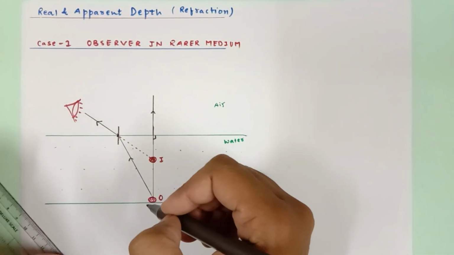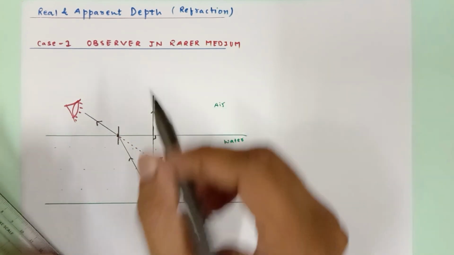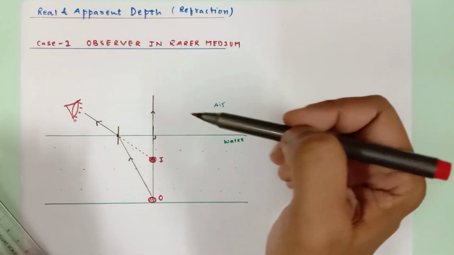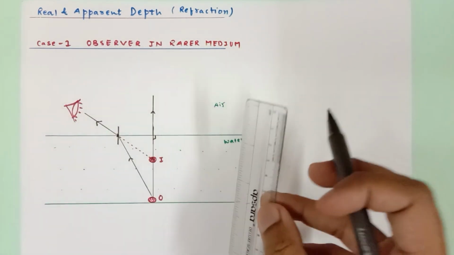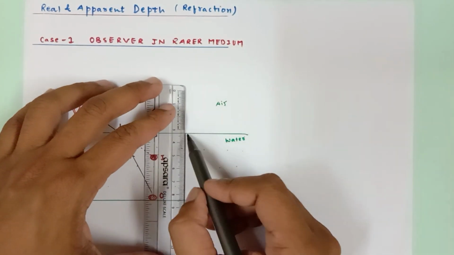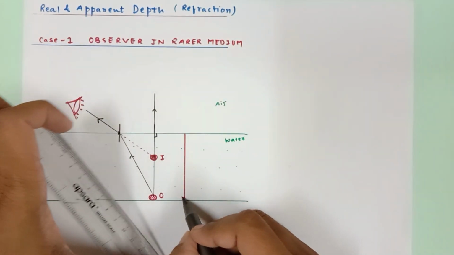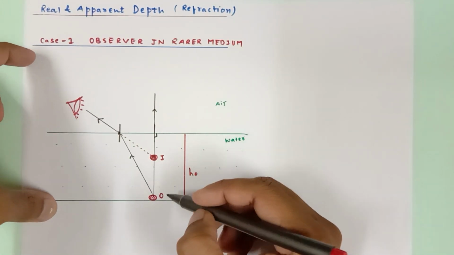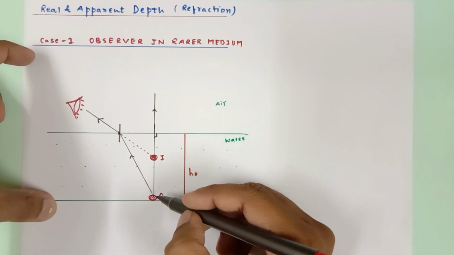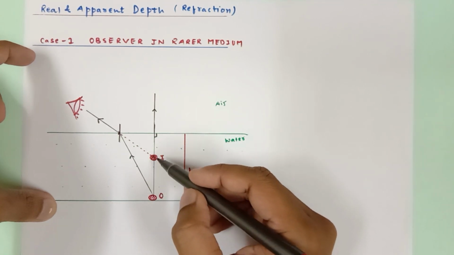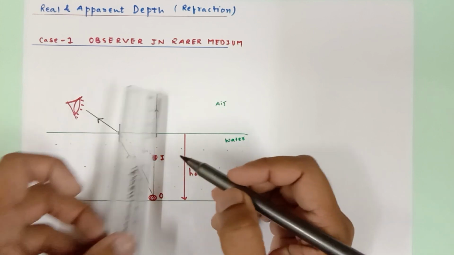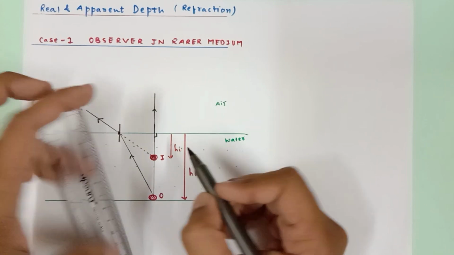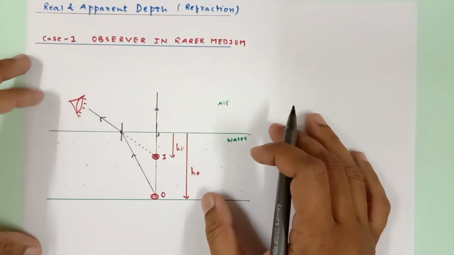Now this object is below the surface of water, and we have named the topic as depth, and we know that depth is always measured from the surface. So this is the real depth, that is HO. HO is the real depth below which the real object is situated, and where we see the image of the object over here will be the apparent depth HI. Correct, people?